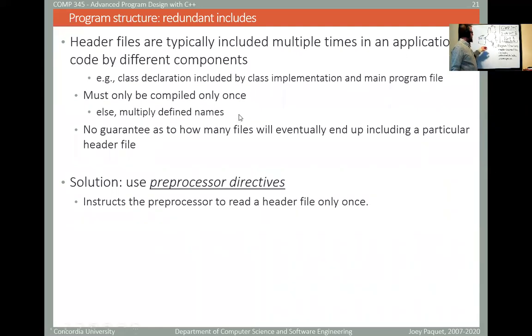So basically, you should find a way so that when you have already read this header file, it is not read more than once. Okay. So the solution to this is to use what are called preprocessor directives. The fact of the matter is that anytime you see a hash at the beginning of a line of C++ code, this is actually not C++ code. This is C++ preprocessor code.